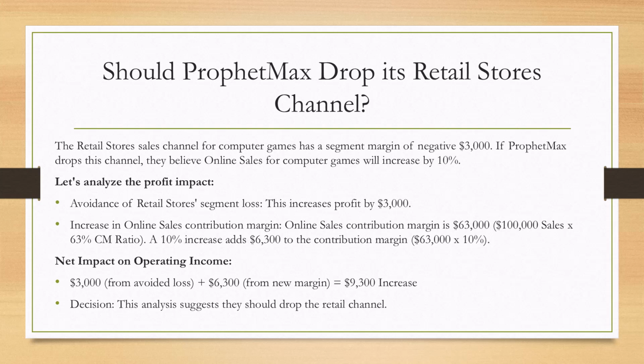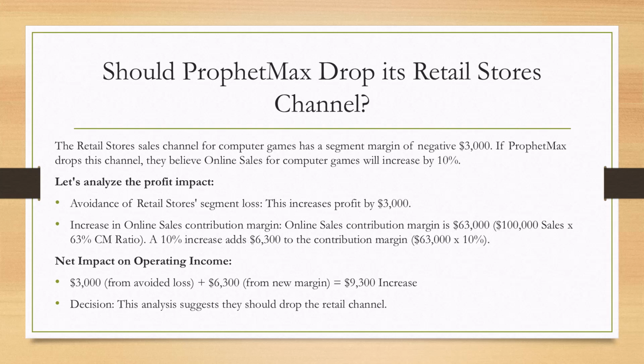First, by dropping the channel, we avoid the retail store's segment loss, which increases the company's profit by $3,000. Second, we need to calculate the increase in the online sales contribution margin. The current contribution margin for online sales is $63,000. A 10% increase would add another $6,300 to that contribution margin.